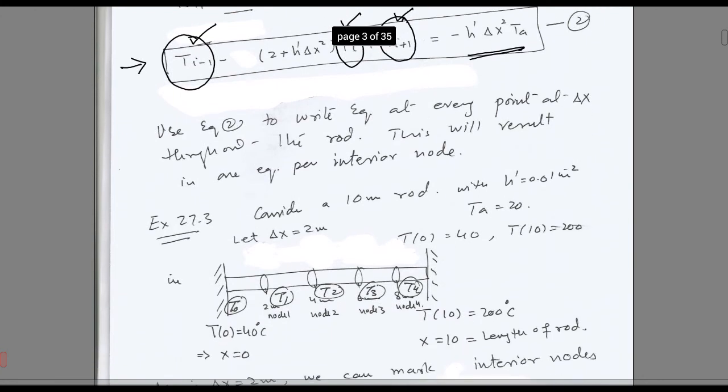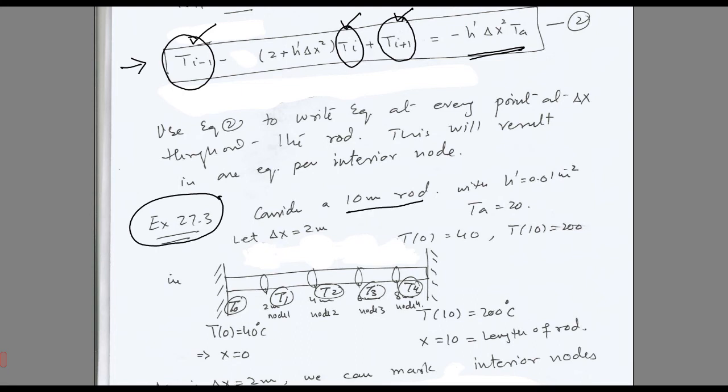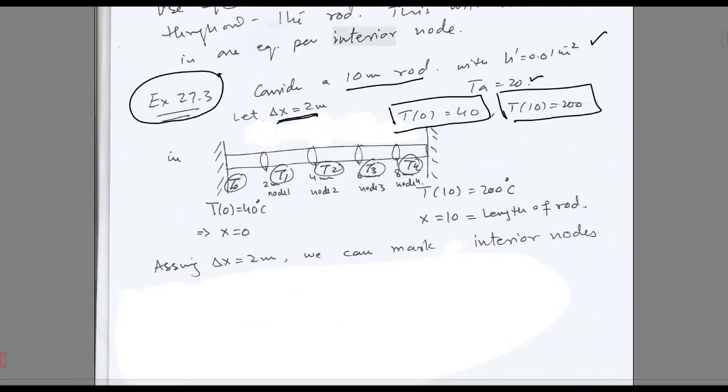So we will directly switch to example 27.3, where a rod of 10 meters is given with the constant h bar. Ta is given as 20, delta x is 2 meters, and the boundary value conditions are given: T0 equals 40 and T10 equals 200 degrees centigrade. So at x equals 0, T0 equals 40 degrees.